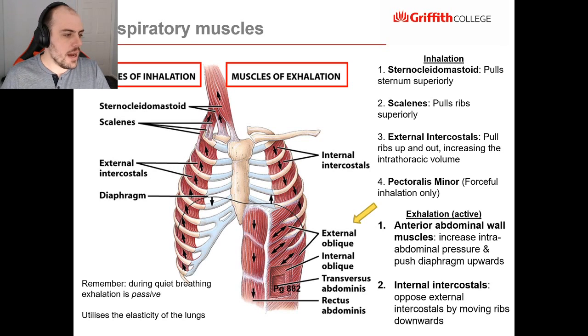Okay. Now, what we see here with our abdominal muscles is the ability for us to push the diaphragm up. Now, what do we accomplish there by pushing the diaphragm up? And that is to compress the lungs. Because what we are essentially doing is the opposite of forceful inhalation.